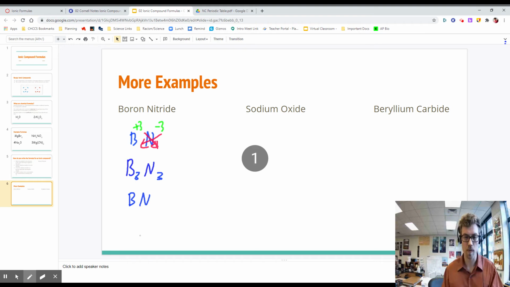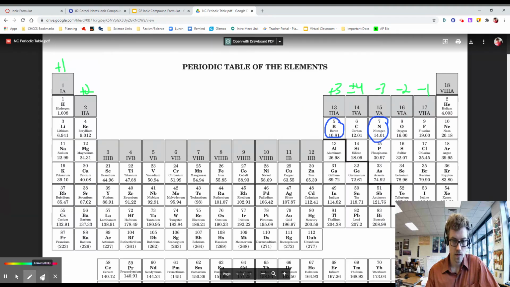Because we can divide them both by the same number, in this case 3, that's going to leave us with just BN, and that's going to be our answer for that one. Okay? All right, next example, sodium oxide.